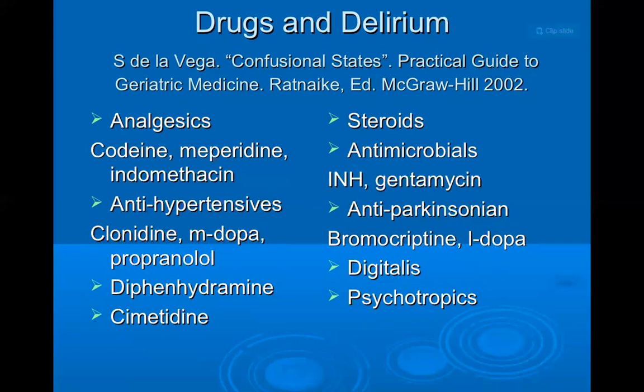When the patient's heart is not functioning properly, it will also affect the function of the brain. Or if the patient is having hypertension, it will also affect the function of the brain. Sometimes the patient is having the problem of severe tremor, then we have to give anti-Parkinsonian drugs, levodopa or bromocriptine, to the patient.